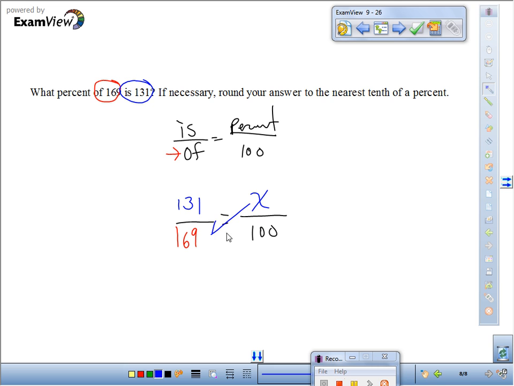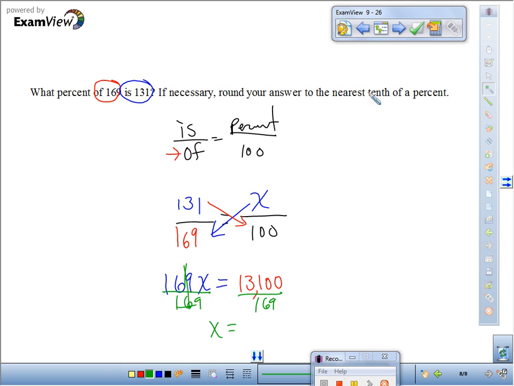So 169 times x, that's 169x equals 131 times 100, that's 131 with the 2 zeros, so that becomes 13,100. What's the last step? Divide by 169, divide by 169. This becomes a 1x.